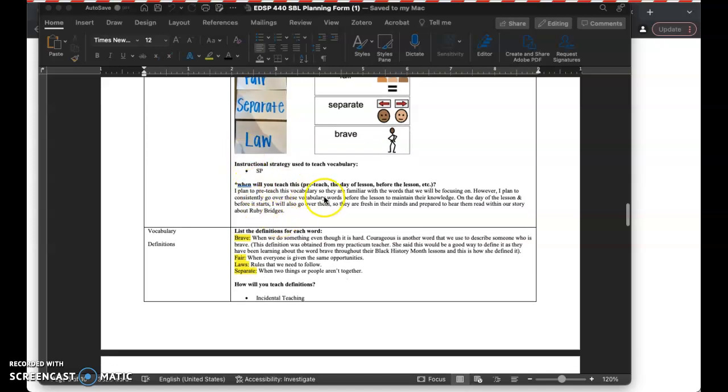Okay. So she's also going to talk about when she's going to teach these words. They're going to be pre-taught in this case because you don't want to read the book without first going over the vocabulary words. We saw that in some of the video examples that we looked at in class. We're going to make sure that we go through those vocabulary words before.